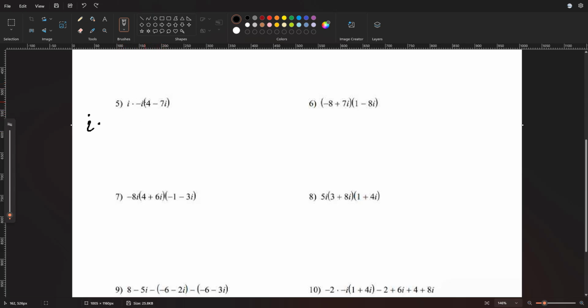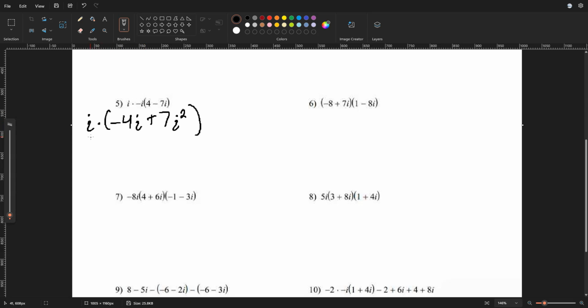So negative i times 4 is going to be negative 4i. And then negative i times negative 7i, so negative times negative is going to be positive 7i squared. Alright, awesome.